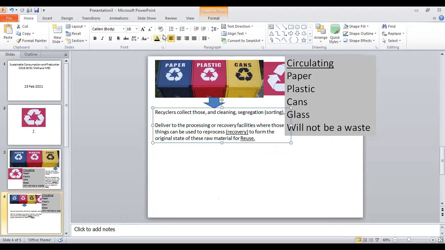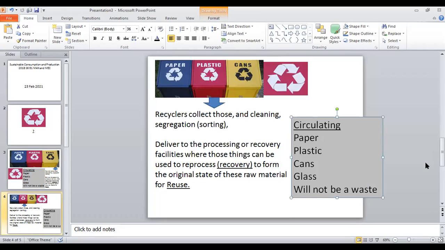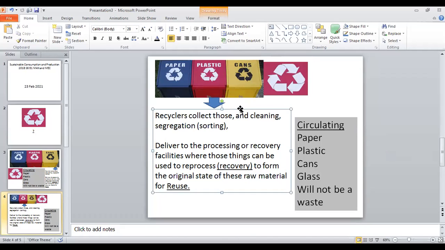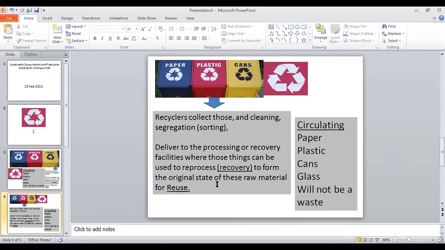I give priority for this text. Yes, for reuse.